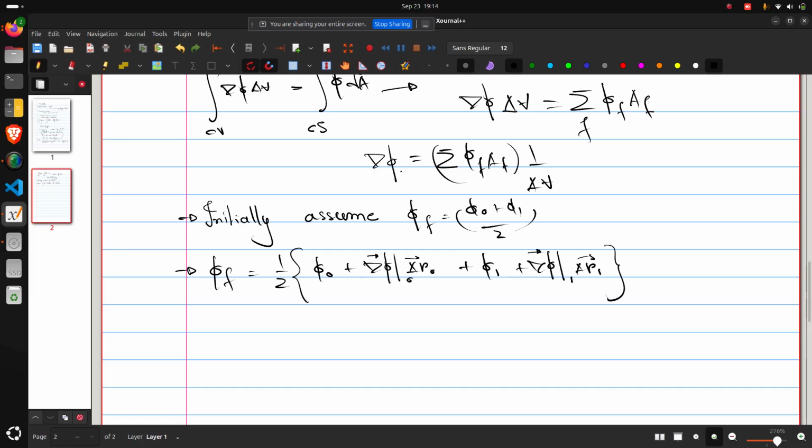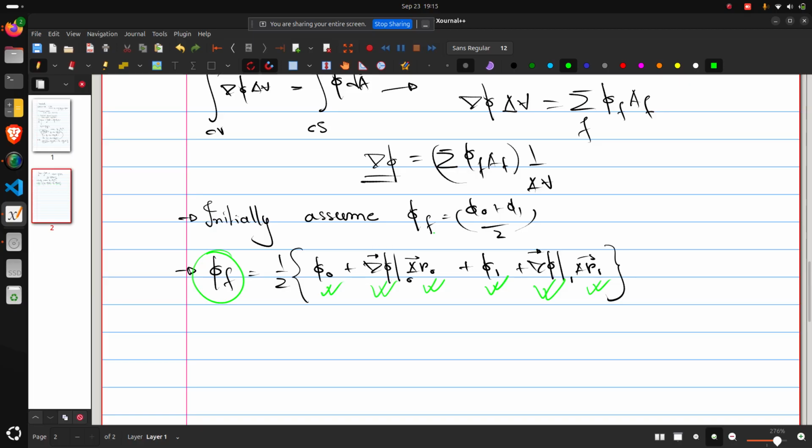Since we already have an approximate value of the gradient of phi, these terms are all known to us. Even for the mesh, we know what these R naught and R1 vectors are, and also we know phi naught and phi 1. So we get another approximation of phi f.